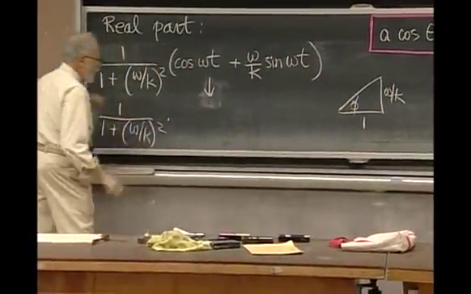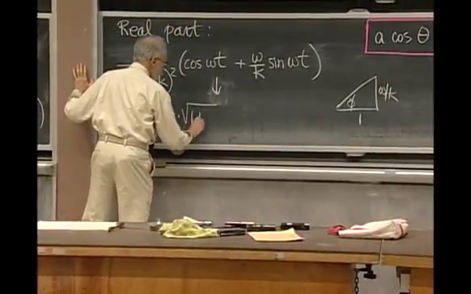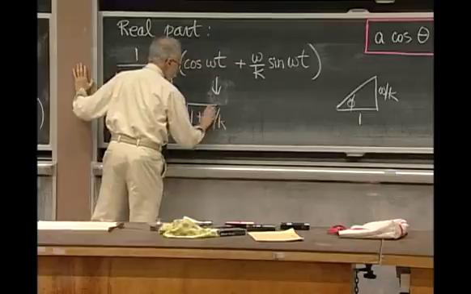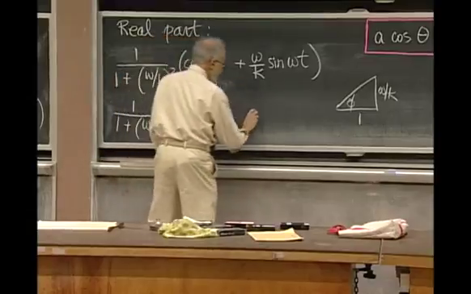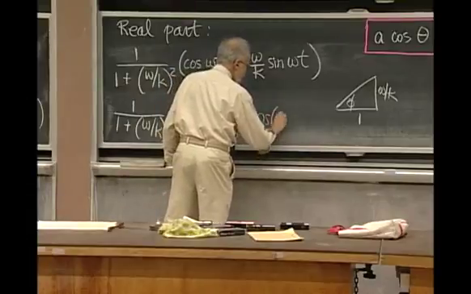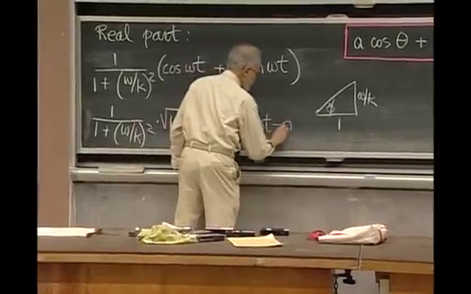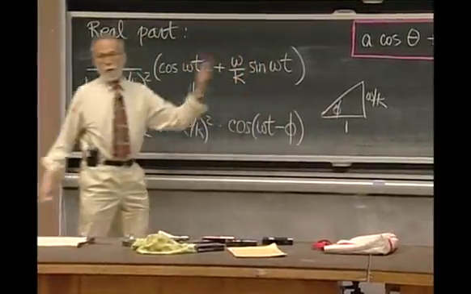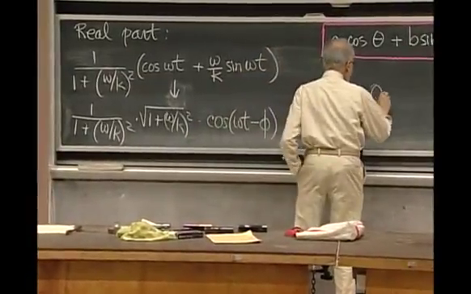So the hypotenuse is going to be the square root of 1 plus omega over k squared, and that's going to be multiplied by the cosine of omega t minus this phase lag angle, phi. You can write, if you wish, phi equals the arctangent of, but you're not learning a lot by that.